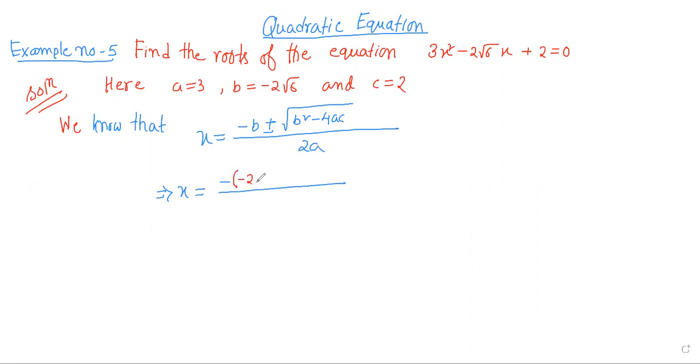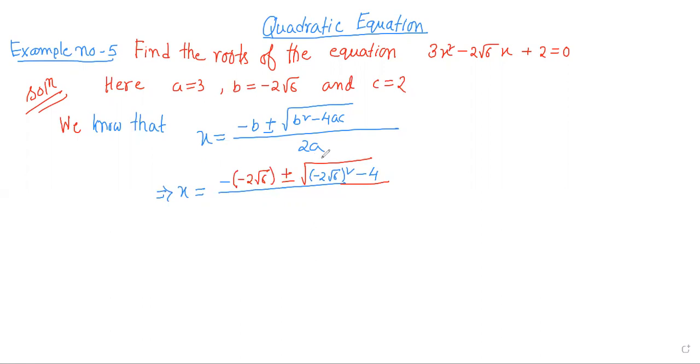B means minus 2 root over 6 plus minus root over b square. Here b is minus 2 root over 6. So it will be minus 2 root over 6 whole square minus 4a.